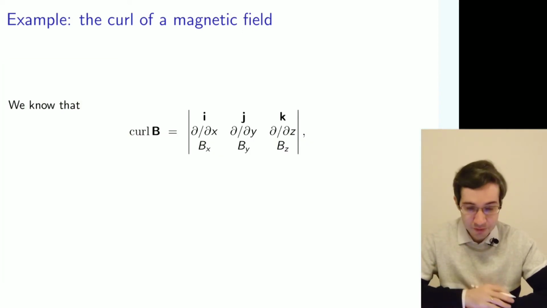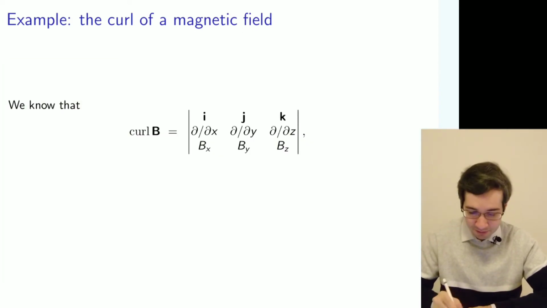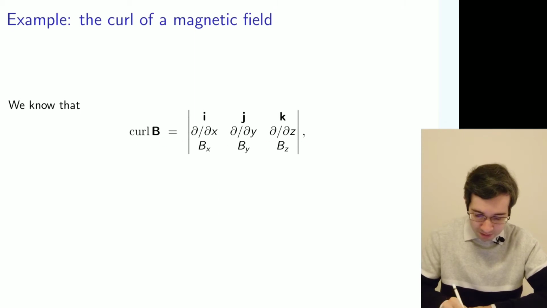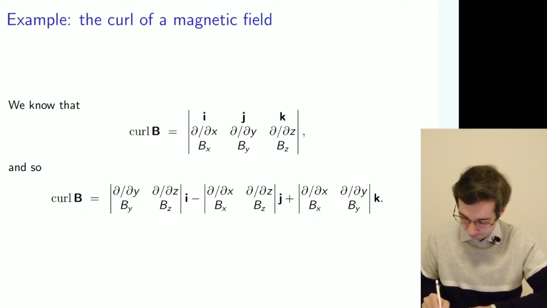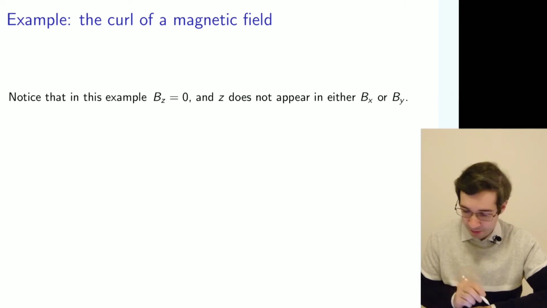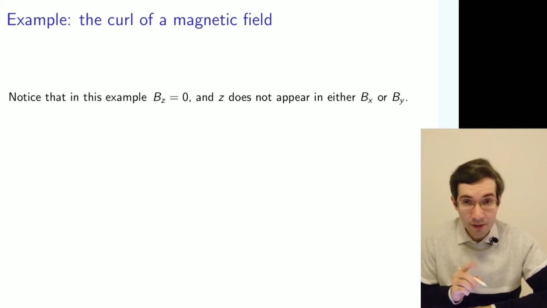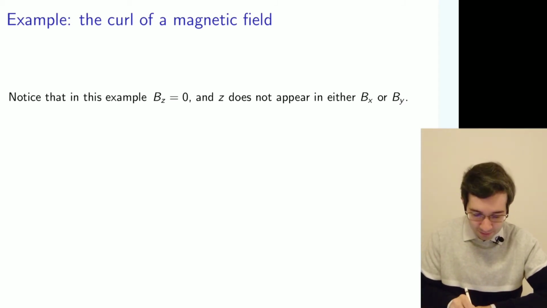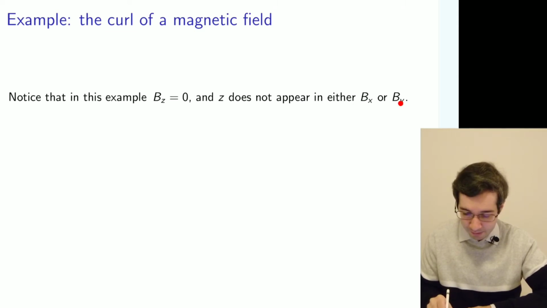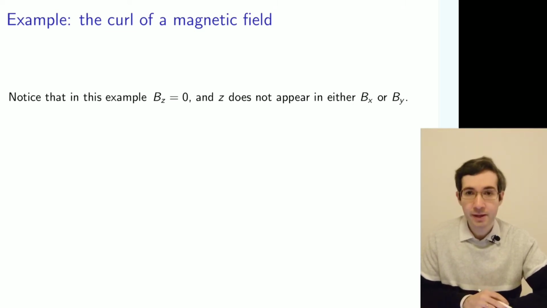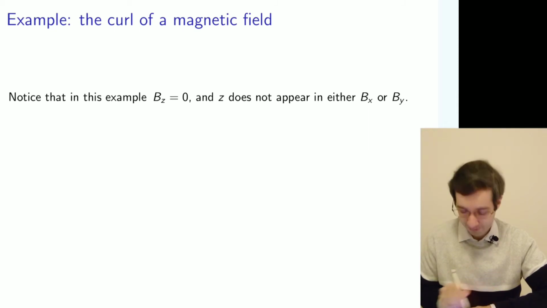How to do it? Let's use the definition. By definition, we write the curl as the determinant of this matrix. We just expand it a bit. And notice that in the expression for the magnetic field, we didn't have the z component, and also the x and y components did not depend on z.